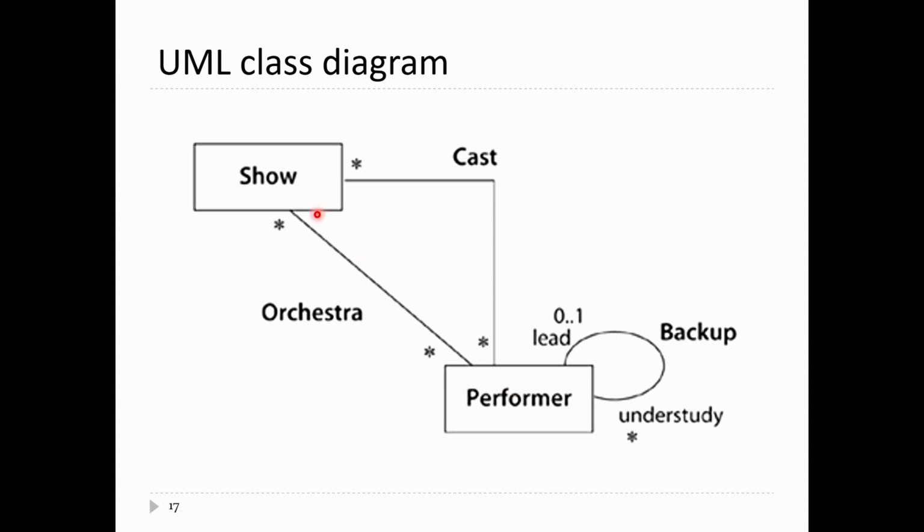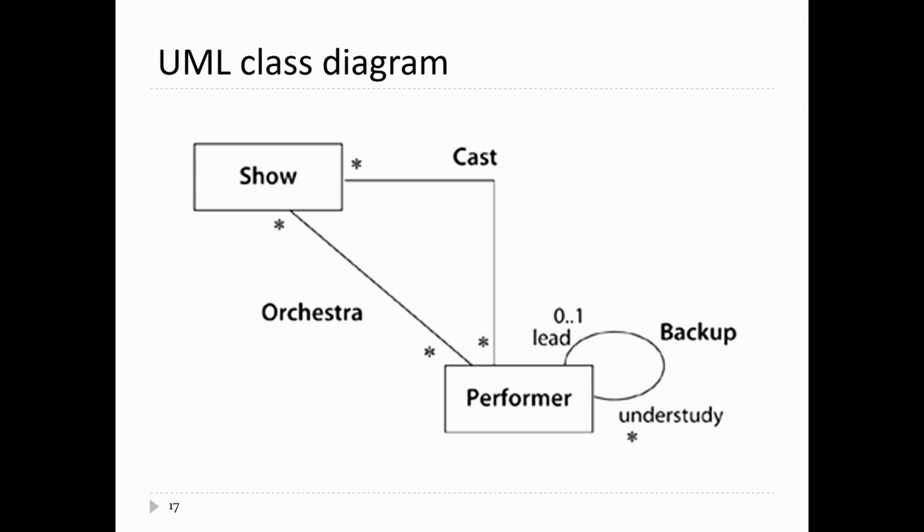This line shows that there's a relationship between Show and Performer, and that there's an association between these two classes. Every performer has zero or more shows. The star indicates zero or more, and you read it from the starting class to the attached class.